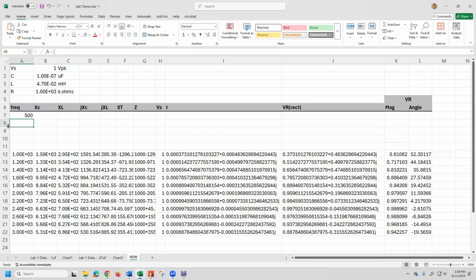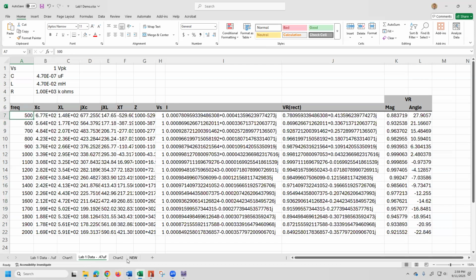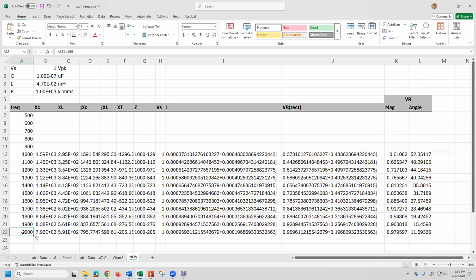So click right here, click equals this plus 100. Yeah, drag it down. We want to go from 500 to 2,000, so drag it down to there.